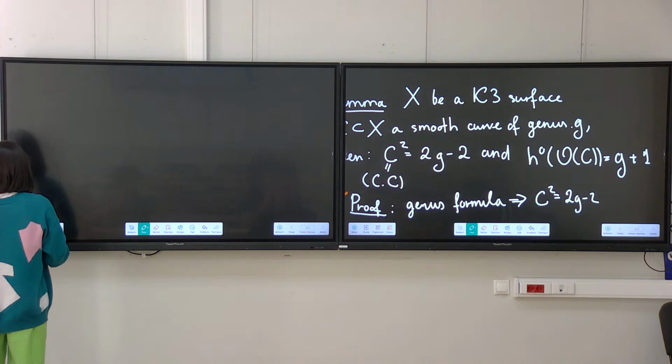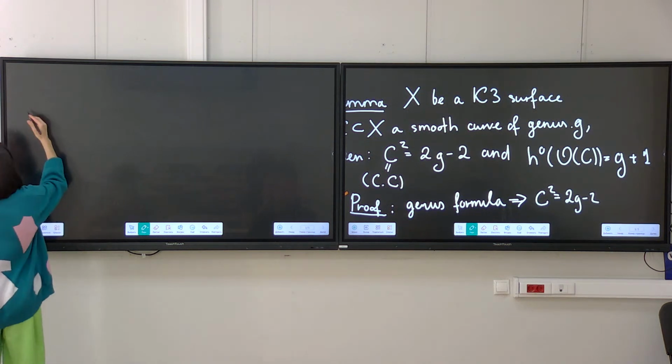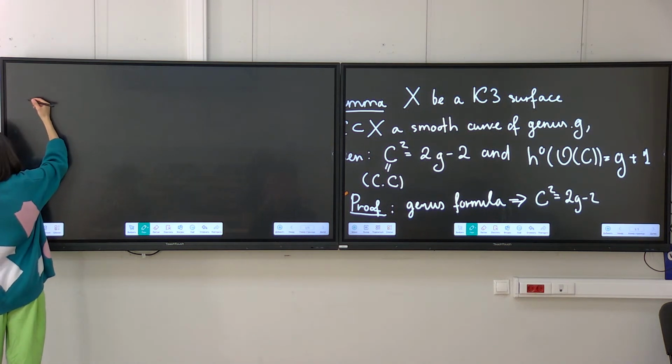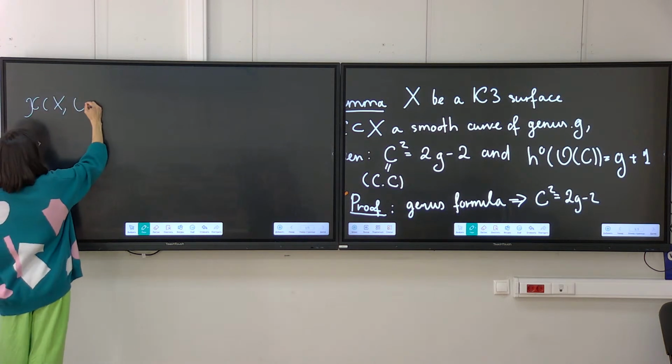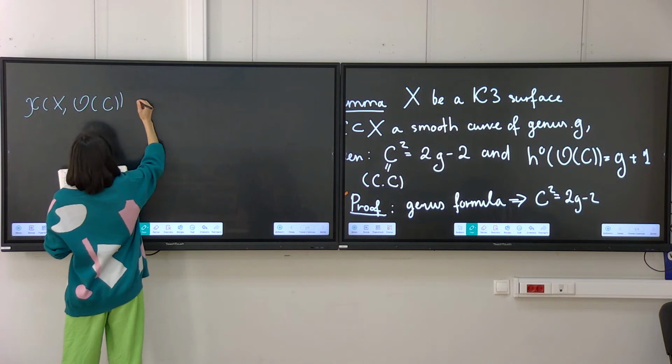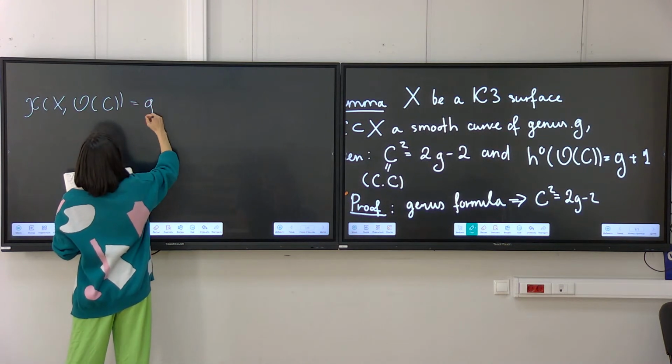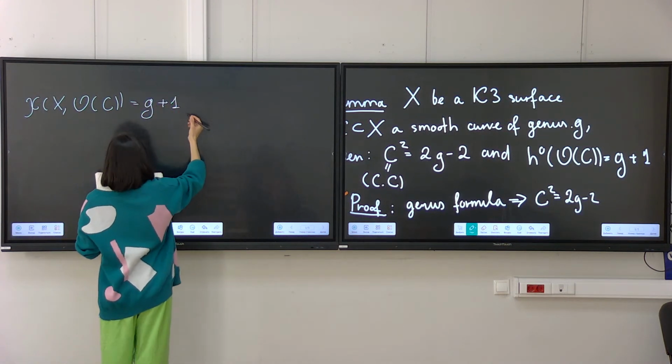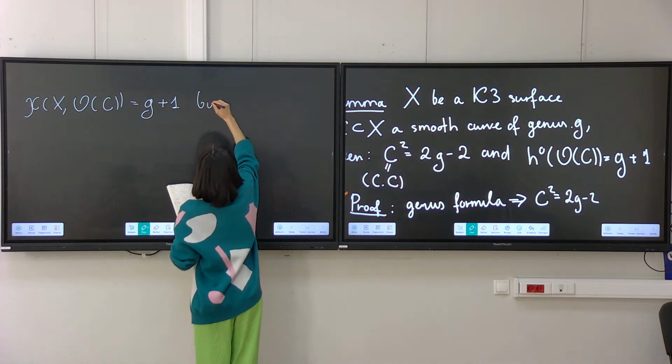So from the exact sequence, what is this one?